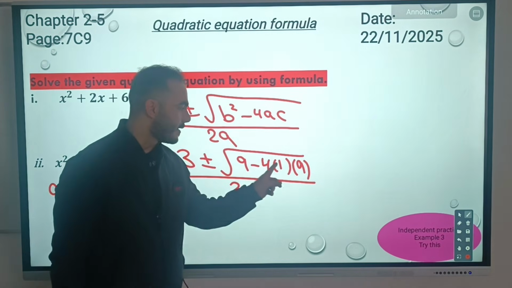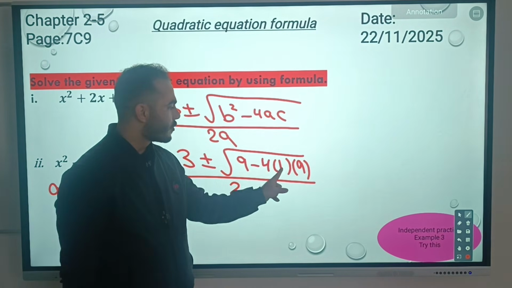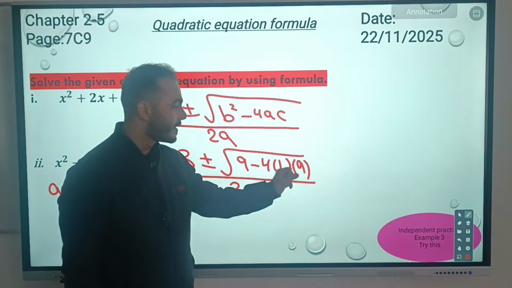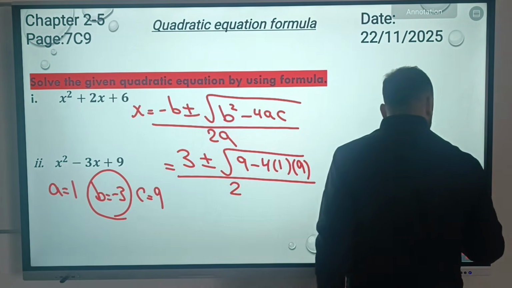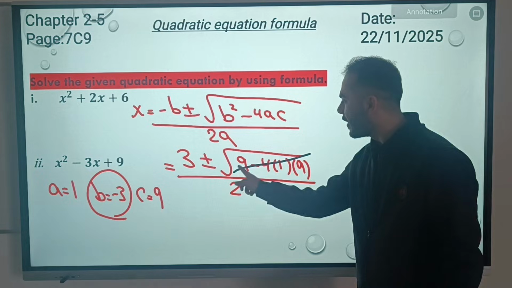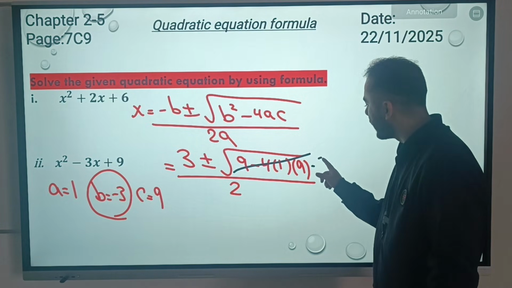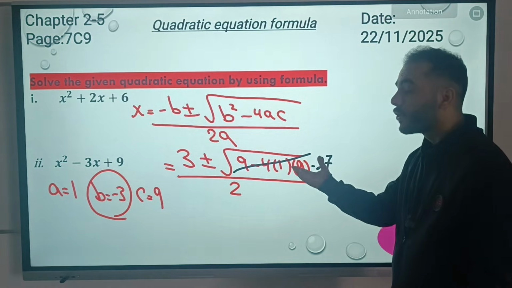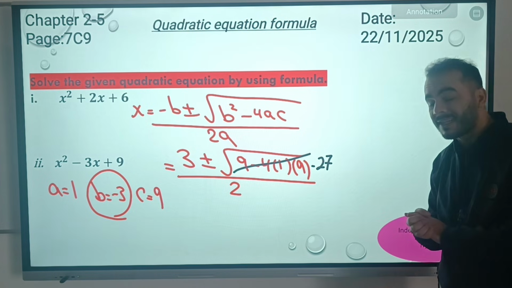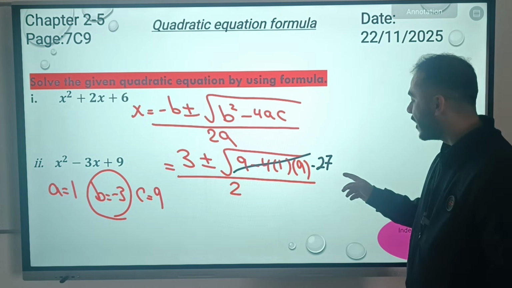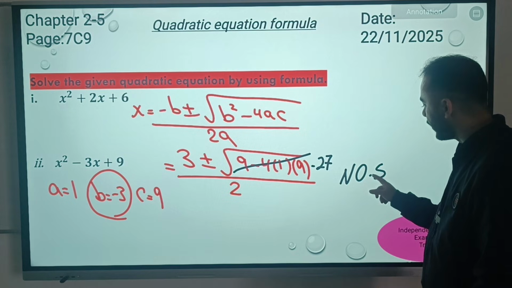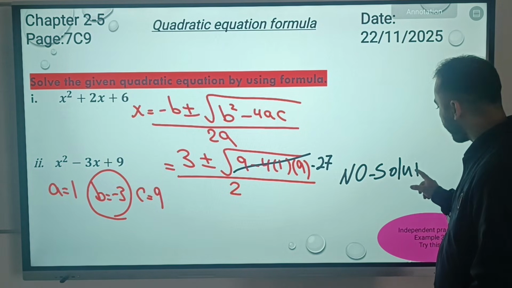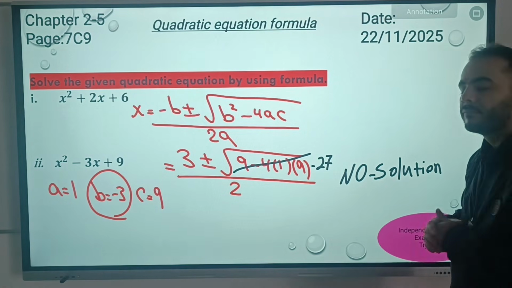Alright, first of all, inside the root, 4 times 1, 4, times 9, 36. 9 minus 36 gives us negative 27 inside the root. For such cases, we said that if delta becomes negative, then there is no solution for that quadratic function.